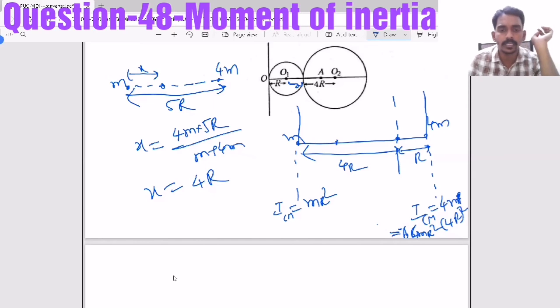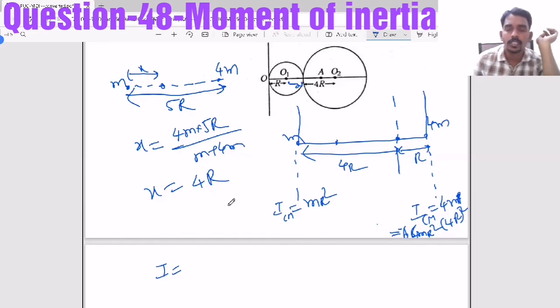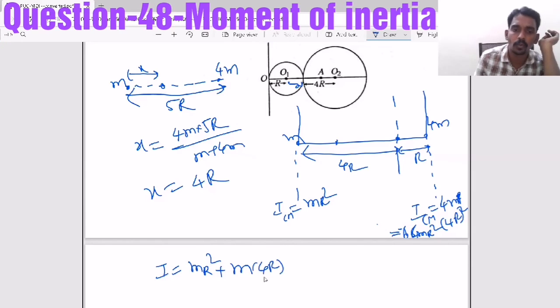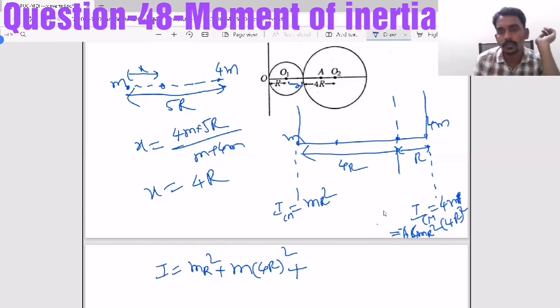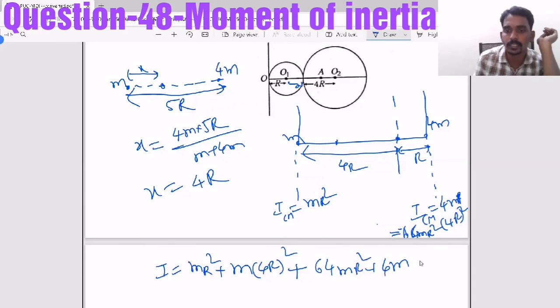Now about this unknown axis, if you want to find the moment of inertia, you have to apply the parallel axis theorem. For the first ring, the moment of inertia about the central axis is mr square, plus m into the distance 4r whole square. Plus for the second ring, about the central axis 64 mr square, plus 4m times the distance r square.